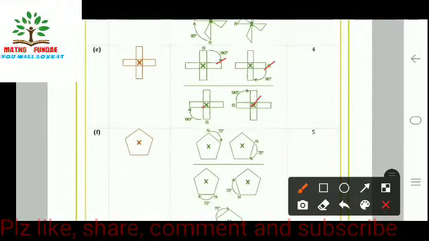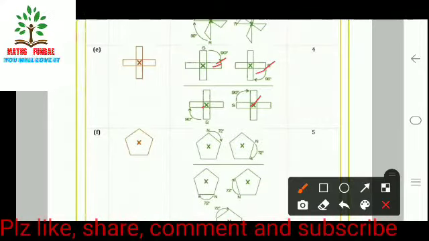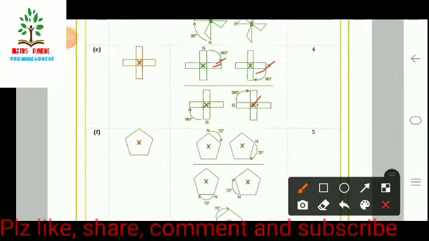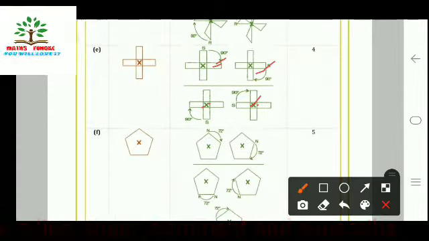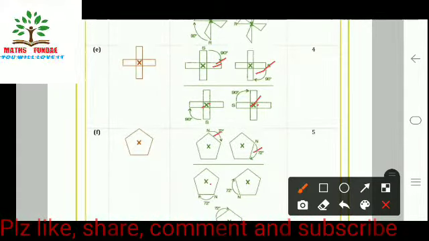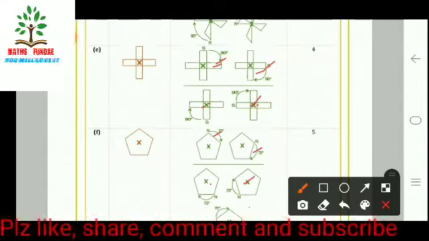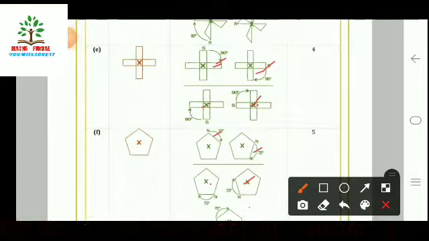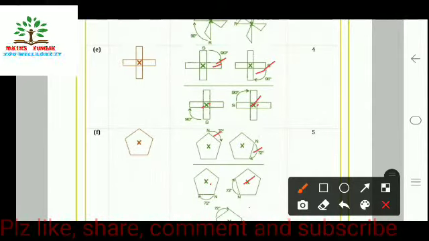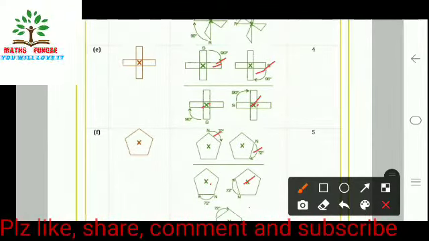So its order is 4, that is 90, 180, 270, 360. Then in figure F, if we rotate by 72 degrees, 72, 72, 72 and 72, it means 5 is the order, because 5 times we can rotate and get the same result, as it is a regular pentagon.